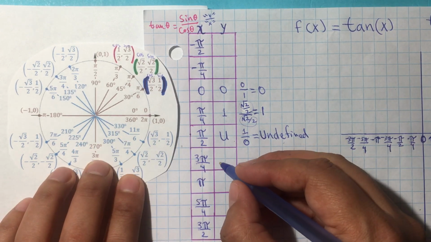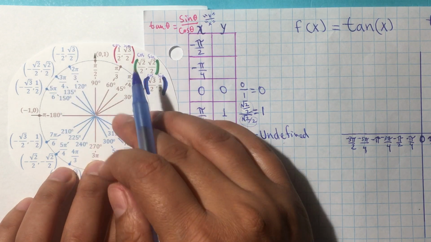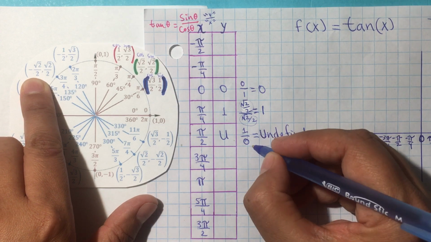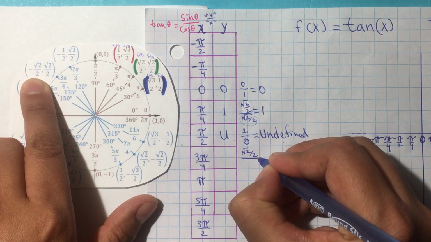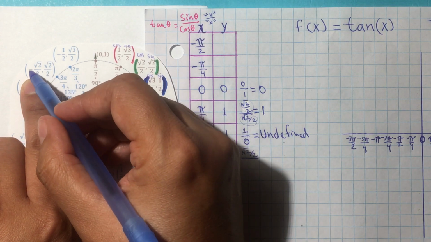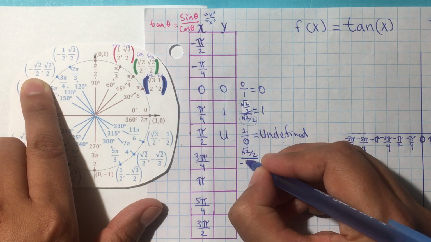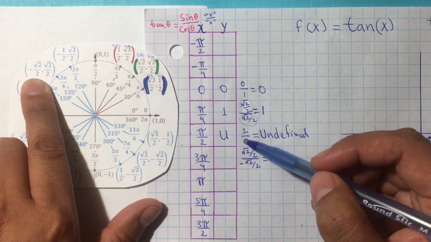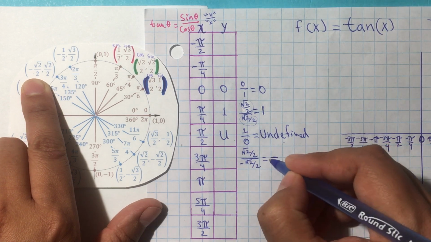Okay, so for the next one, 3/4 of pi is right here. Again, the y value divided by the x value. The y value is square root of 2 divided by 2, divided by negative square root of 2 divided by 2. What I do is always divide the signs first. Positive divided by negative is negative.